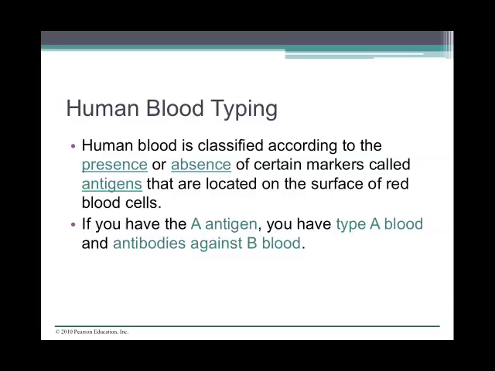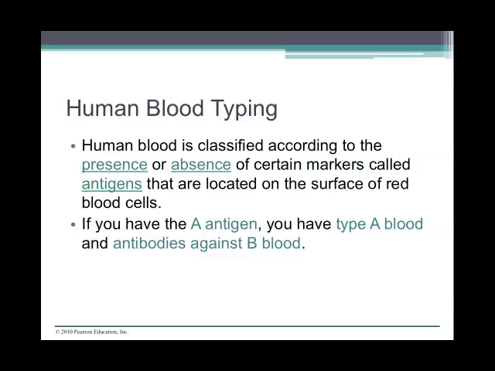I'll explain a little more in a little bit, but the antibody is a protein, and again, that's something we look at in the immune system. The antibodies are in the blood, and they are called anti-B antibodies, in other words, against the B blood.